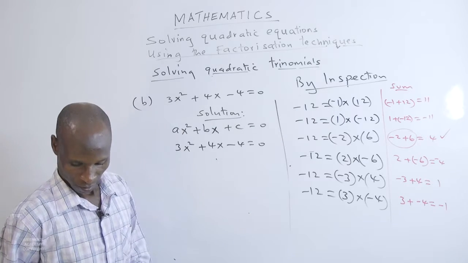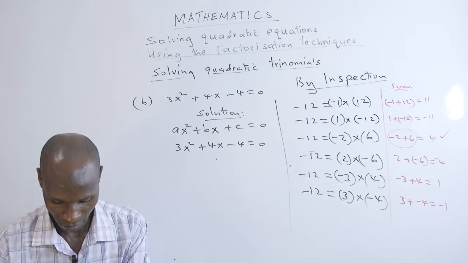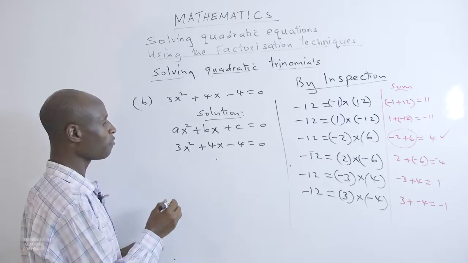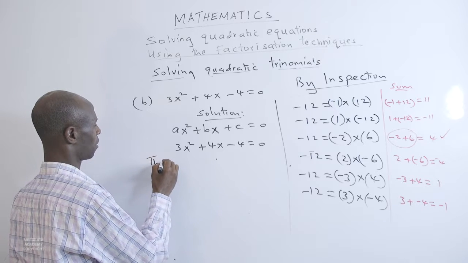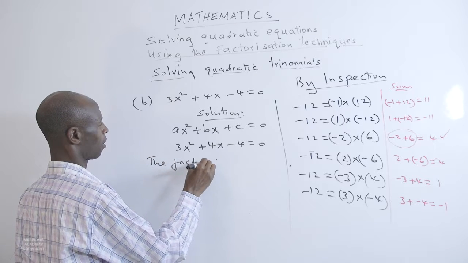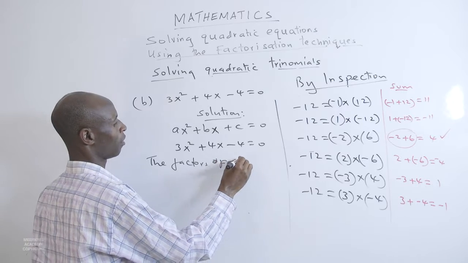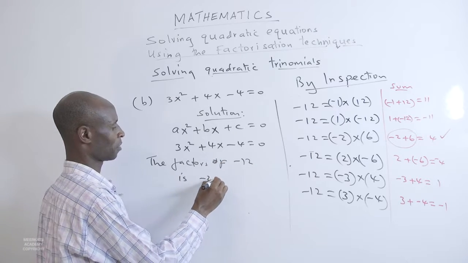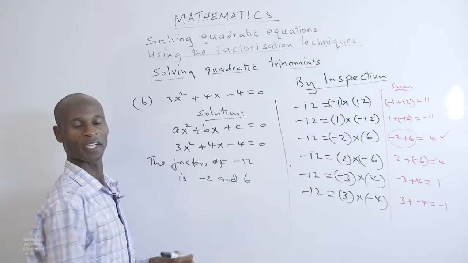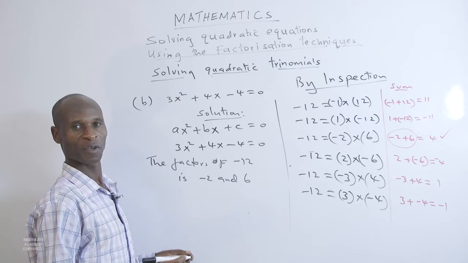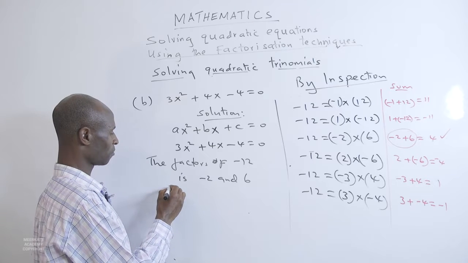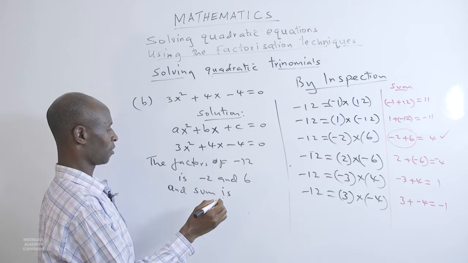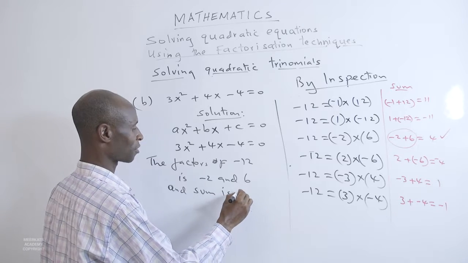So we say the factors of negative 12 are negative 2 and 6, where the sum is 4.